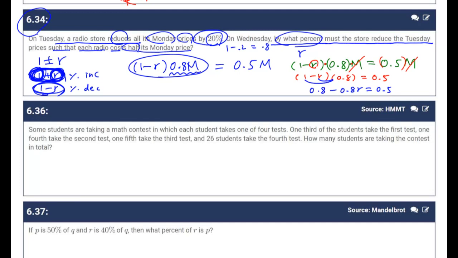I could combine these two constant terms, which will be 0.3 on the left side. And I'm going to move this to the right side by adding 0.8R to both sides. Okay, so 0.8R. If I solve for R, that will be R equals 0.3 divided by 0.8.